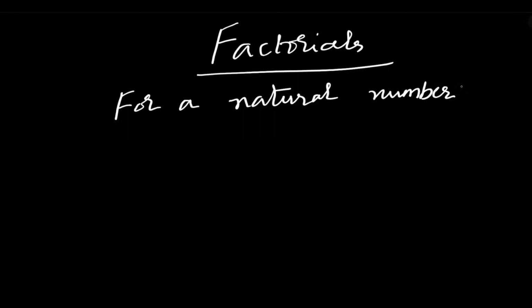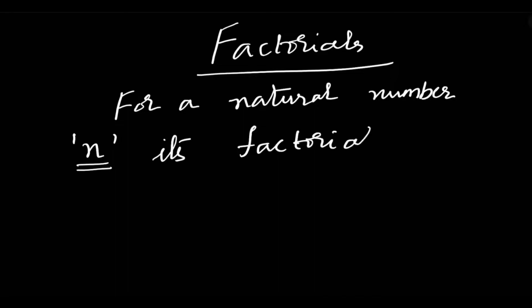For a natural number, let's consider that number as n. Its factorial is defined as n factorial. We'll write it like this, with the exclamation mark.